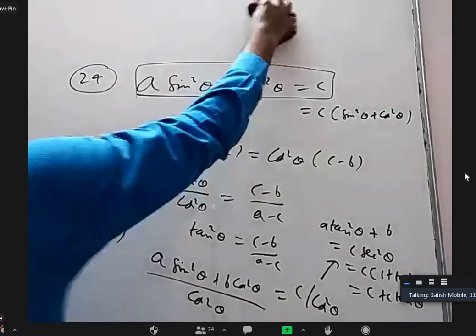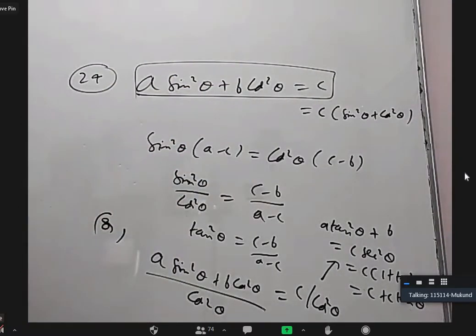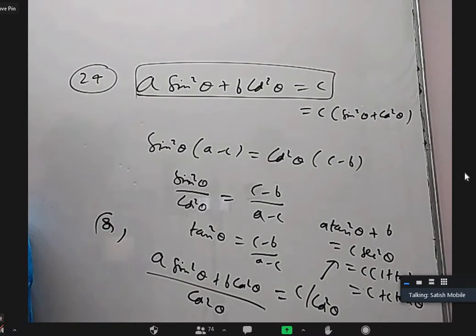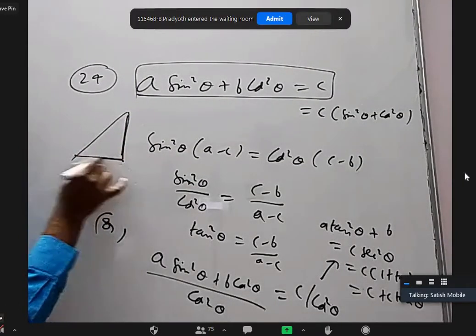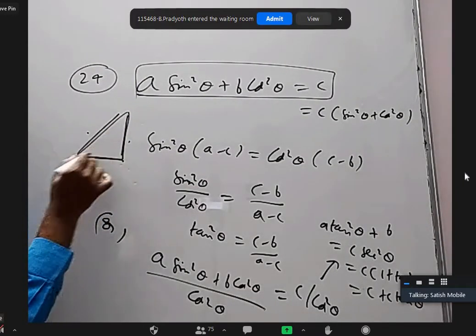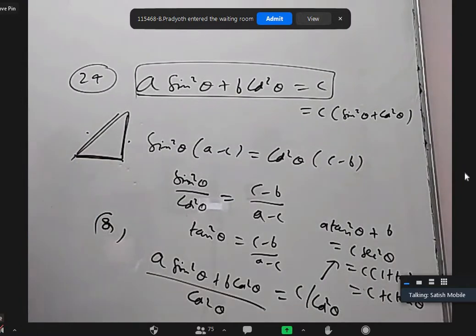Sir, I converted cos square theta into 1 minus sin square theta. Okay, then finally you'll get sin square theta, and from sin square you want to find tan square. That is also good. Yes. Even after sin square, you can understand what is this, what is this, and then root of this minus this will give you this. You can do that way also, right?